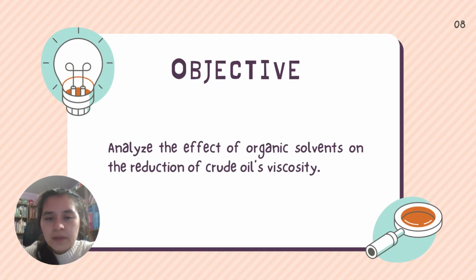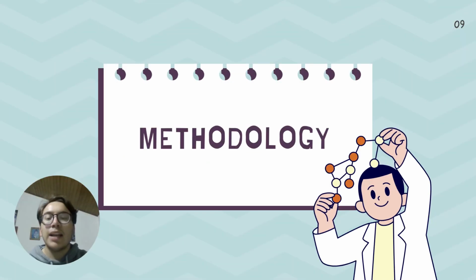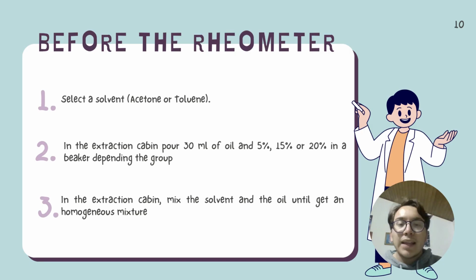That's why the objective of this practice is to analyze the effect of organic solvents on the reduction of crude oil viscosity. Now let's talk about the methodology, which we divide in three steps. The first step is before the rheometer. Firstly, we select a solvent, which in our case was toluene.